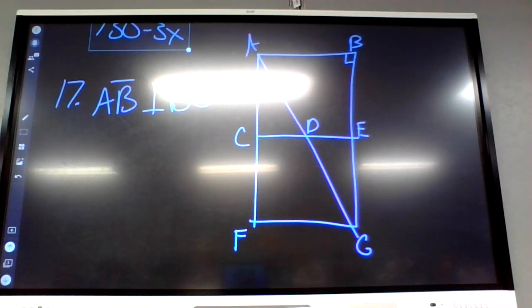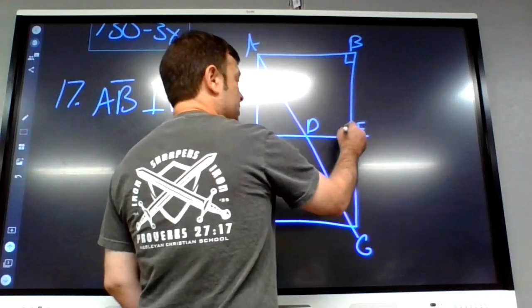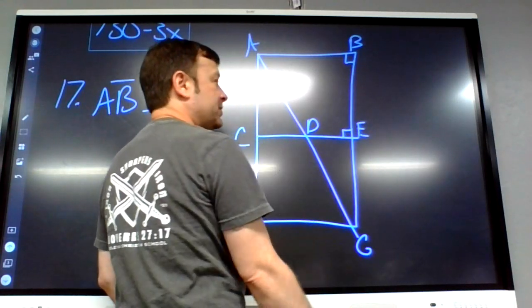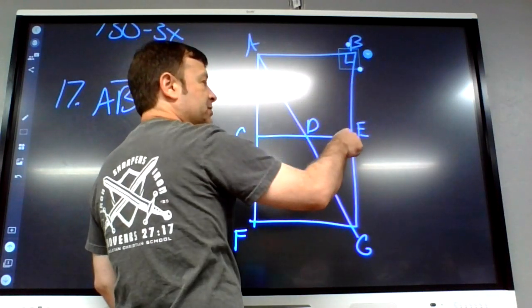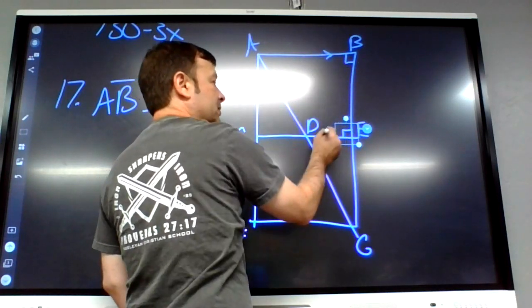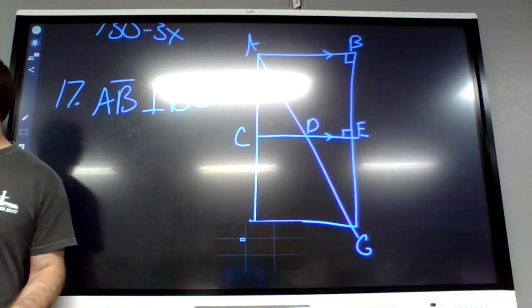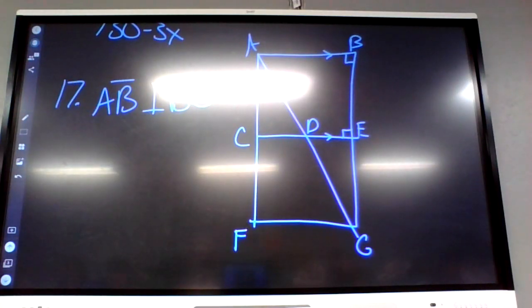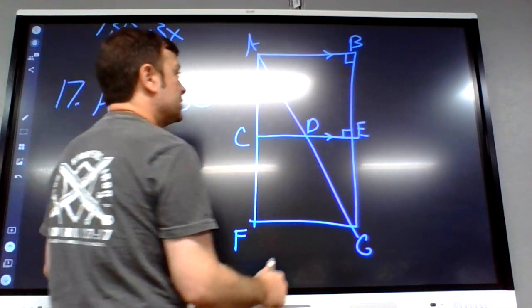Oh, CE and BG are perpendicular. One of the things that I mentioned yesterday is if two lines are perpendicular to the same line, that means these two lines have to be parallel. Also kind of obvious, I guess. And angle GFC is congruent to ECA. I'm reading the directions. Angle GFC.